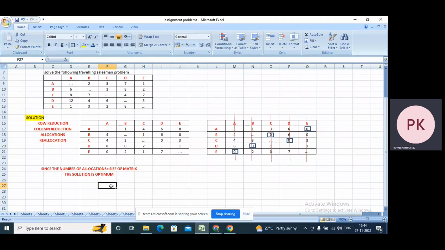So now we need to cross check whether we will get the optimum route or not, or whether the obtained route will satisfy the conditions of the traveling salesman problem.